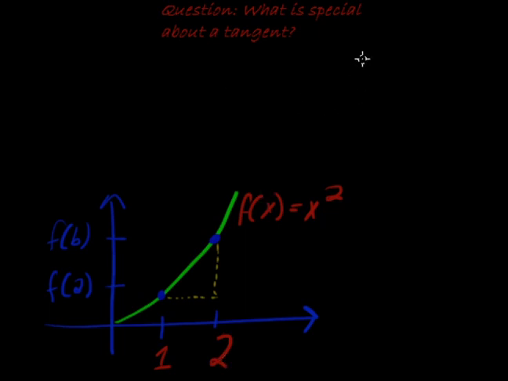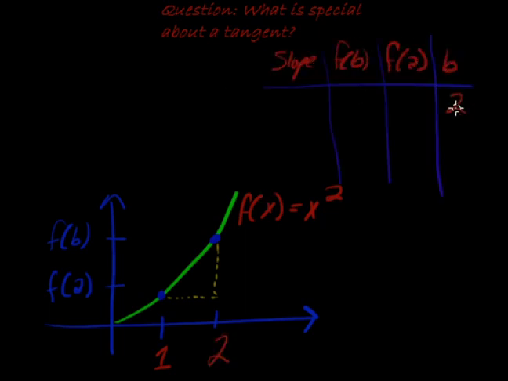So let's make a little chart. We'll start off with b equals 2. So f of a is 1 squared, so that's going to be 1. And what's f of b? So f of b is 2, but we have to square that, so that's going to be 4.